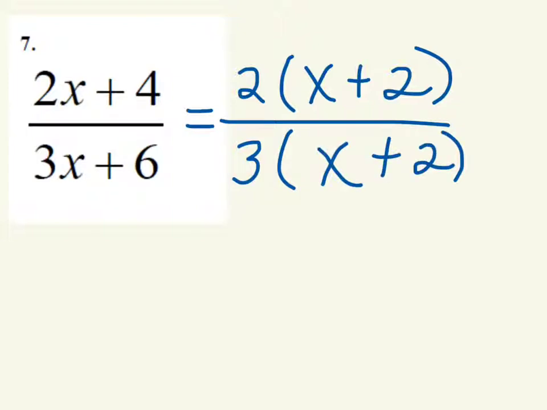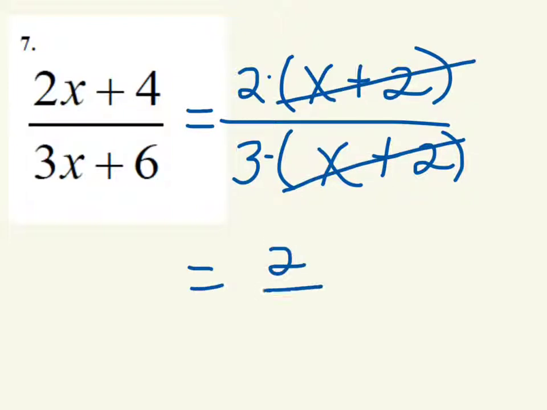I've got two factors in the numerator. 2 is my numerical factor, and my binomial factor is an x plus 2. In the denominator, I've got a numerical factor of a 3 and x plus 2. Since x plus 2 is the same as x plus 2 in the denominator, these are binomial factors that I'm allowed to cancel. Therefore, my simplified answer is 2/3.